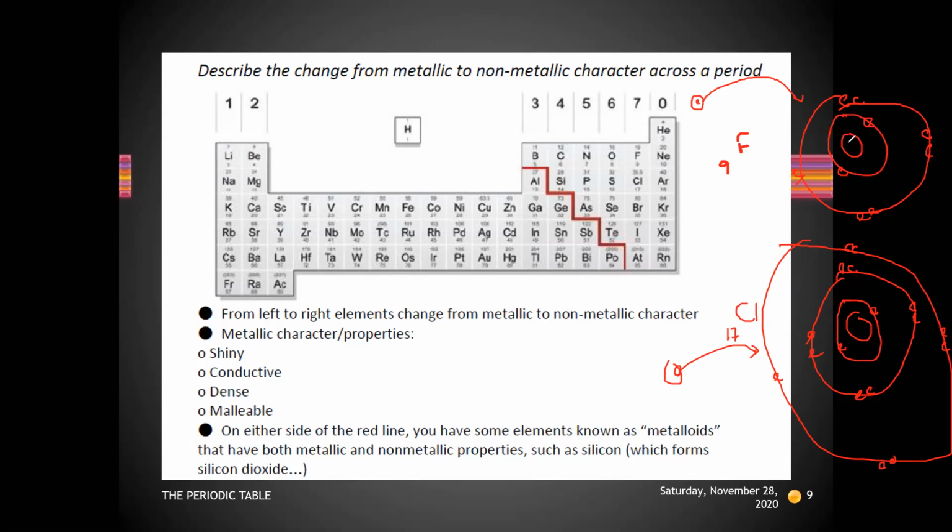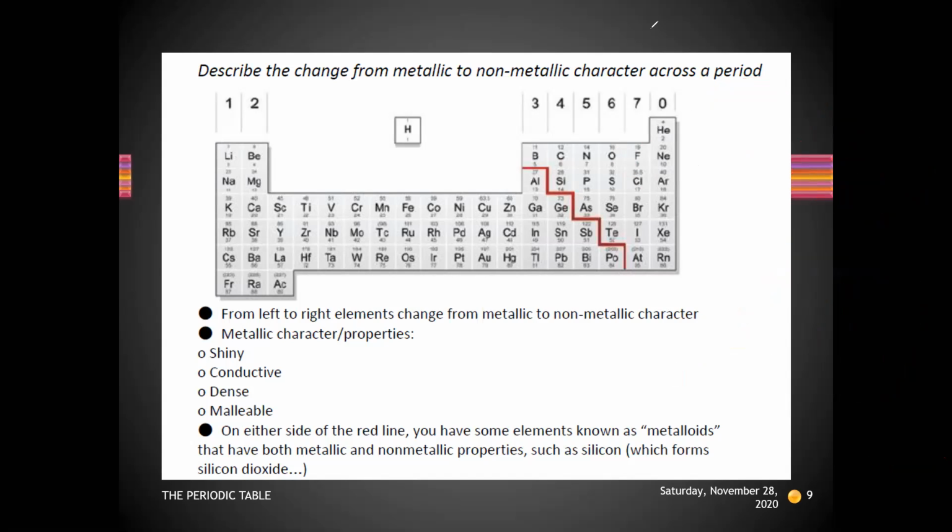Because fluorine is smaller in size, so it has greater attraction to the electron. That's why it can gain electrons easily. So if fluorine can gain electrons easily, what does it show? It shows fluorine is more reactive than chlorine, because non-metals tend to gain electrons.